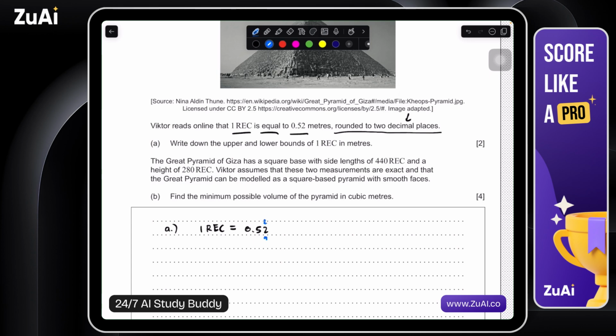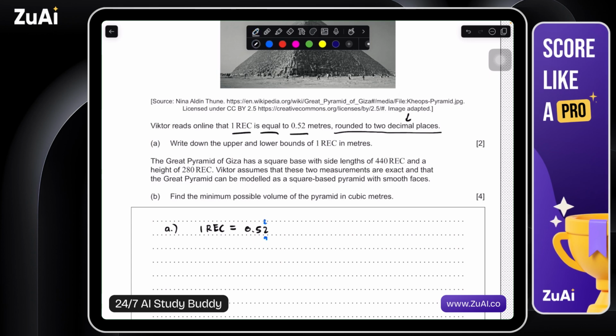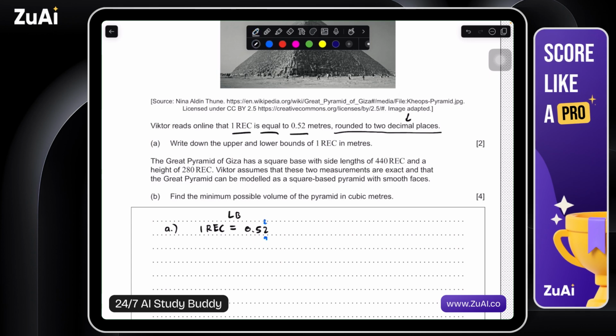And then if we ask ourselves the lower bound and upper bound, I'm going to write it right here. Lower bound, let's use a different color. The lower bound, what is the least possible value this could be if we are rounding to 2 decimal places?